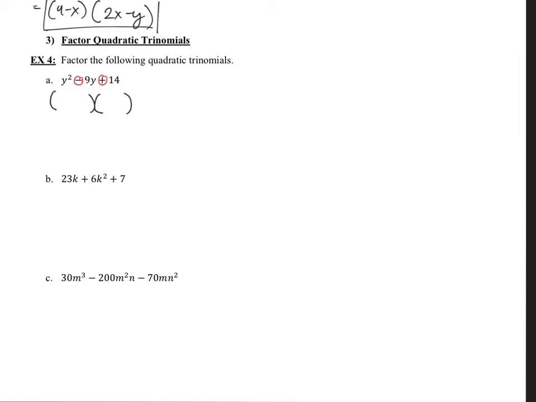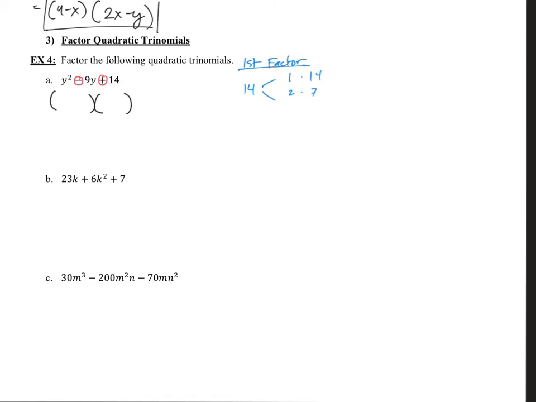So the factors of 14. Right now it's just sort of educated guessing. So let's see, factors of 14: 1 and 14, 2 and 7, and I think that's it. Okay, once I've done my factors, second, I'm going to find the question.